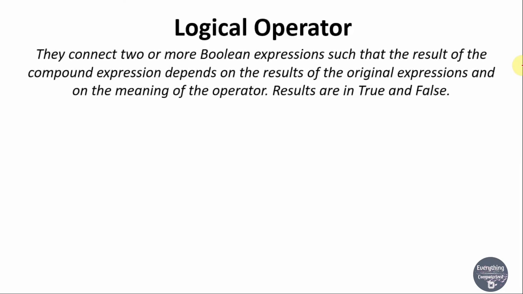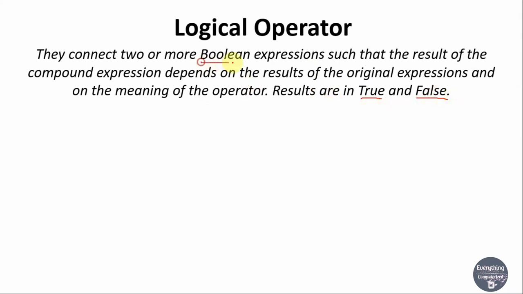So logical operators are used to connect two or more Boolean expressions such that the result of the compound expression depends on the results of the original expressions and on the meaning of the operator. The results given by logical operator expressions are true or false, and as mentioned earlier, true is represented by 1 and false is represented by 0.